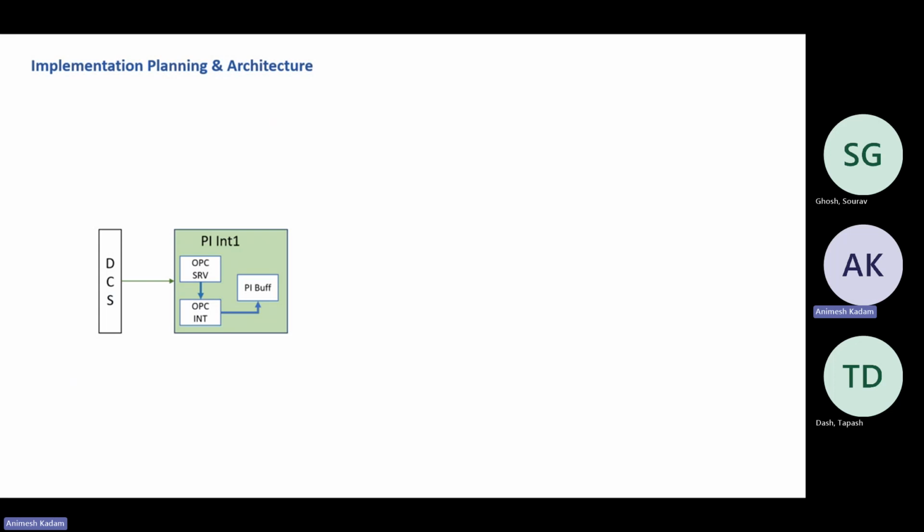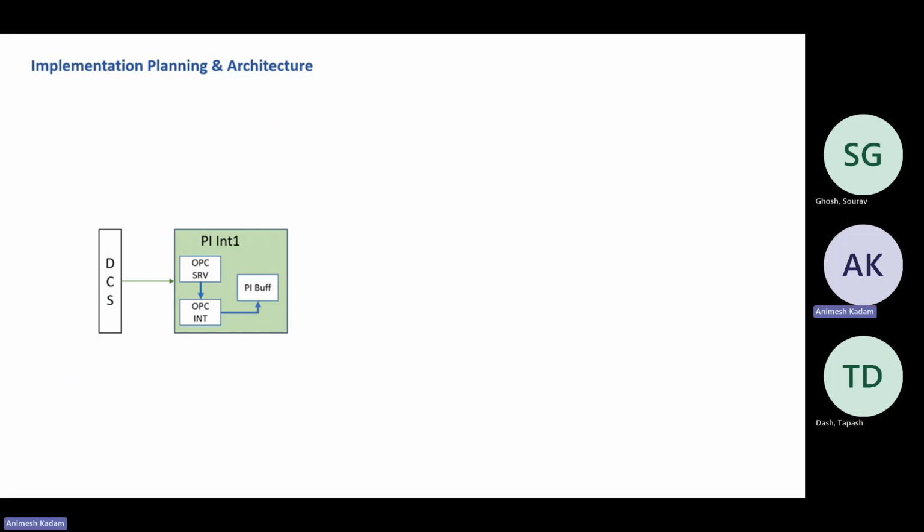Sometimes the OPC server and the interface node are two different machines, and sometimes you install the interface on the OPC server itself. So Animesh, all these interfaces are only software. There is no hardware interface. Okay.